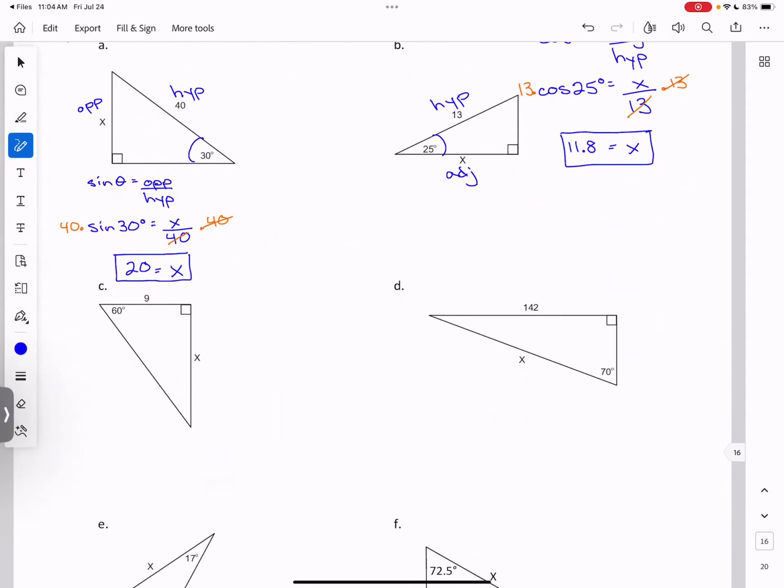Okay, next one. So let's label relative to that 60 degrees. X is our opposite side, and 9 is our adjacent. So in this case, we're actually using the tan ratio, because we want one involving O and A. So tan of our angle theta is opposite over adjacent.